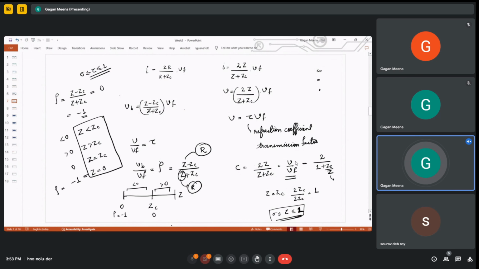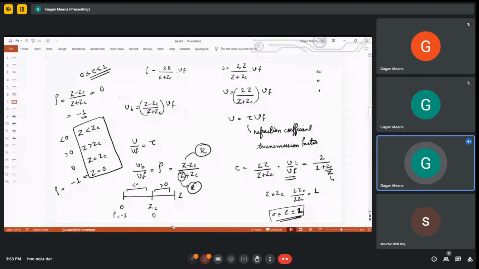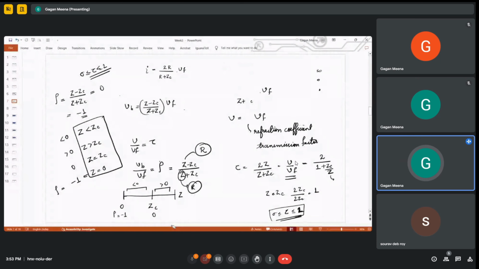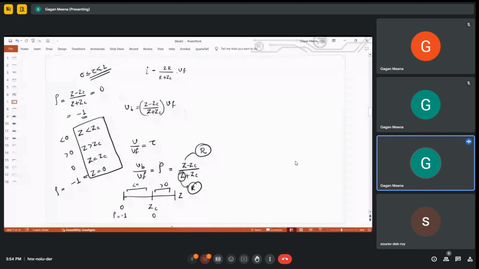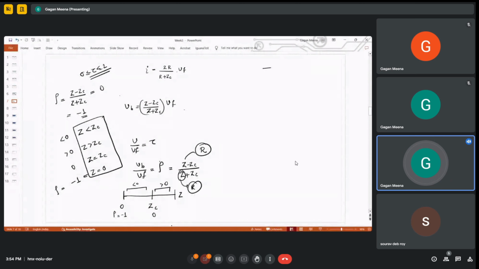Now let us see what happens if Z is less than ZC. We saw that then the reflection coefficient is negative. Negative means, because we are assuming that reflection will go like this, that VB is not like this, VB is like this, and it is adding to V forward.